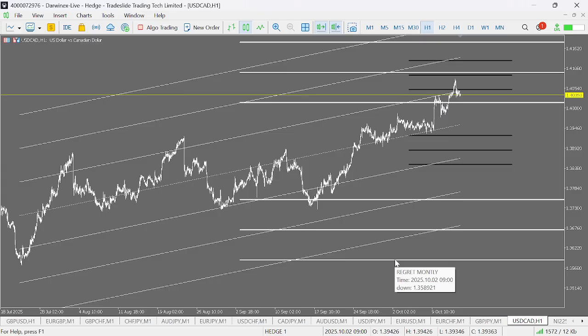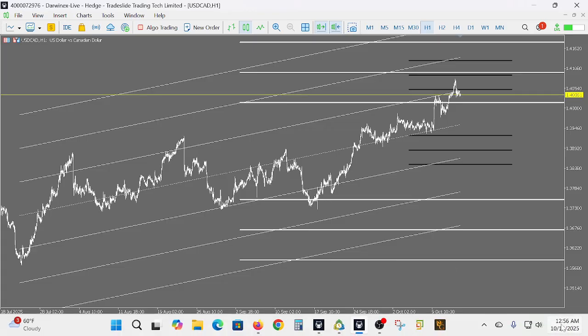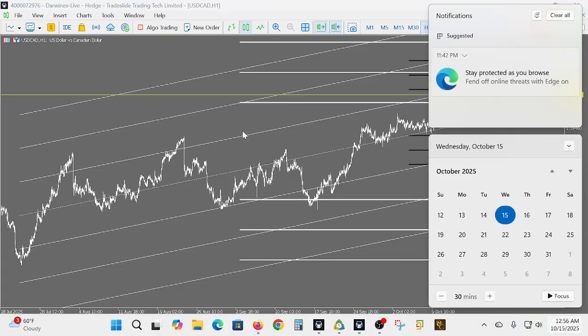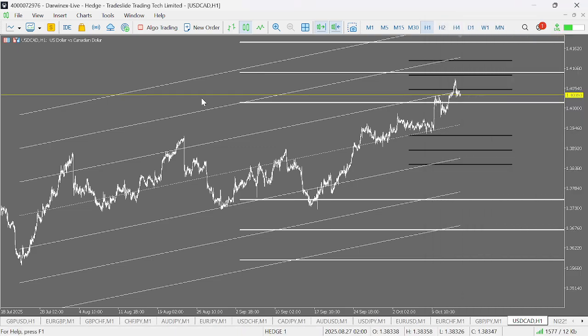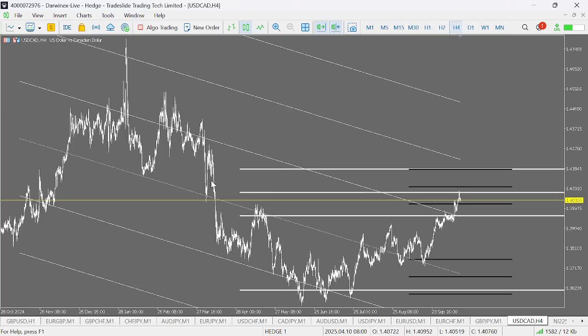All right. As we stand right now, October 15, 2025, we have a sell signal in the US dollar Canadian. Now, watch this. I wanted to trade minimum 4 hour chart. Isn't that beautiful?